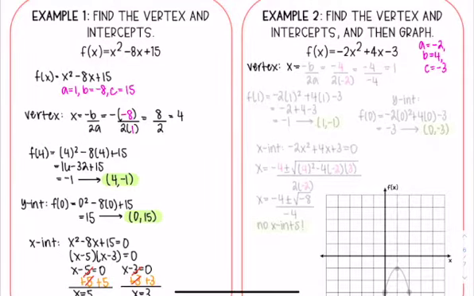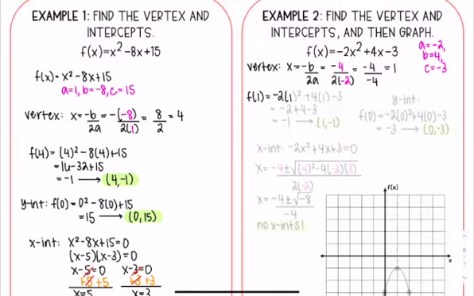We have x equals negative b over 2a. So that's negative 4 divided by 2 times negative 2. So we end up with negative 4 divided by negative 4, which just gives me 1. And so now I'm going to plug 1 into our function.